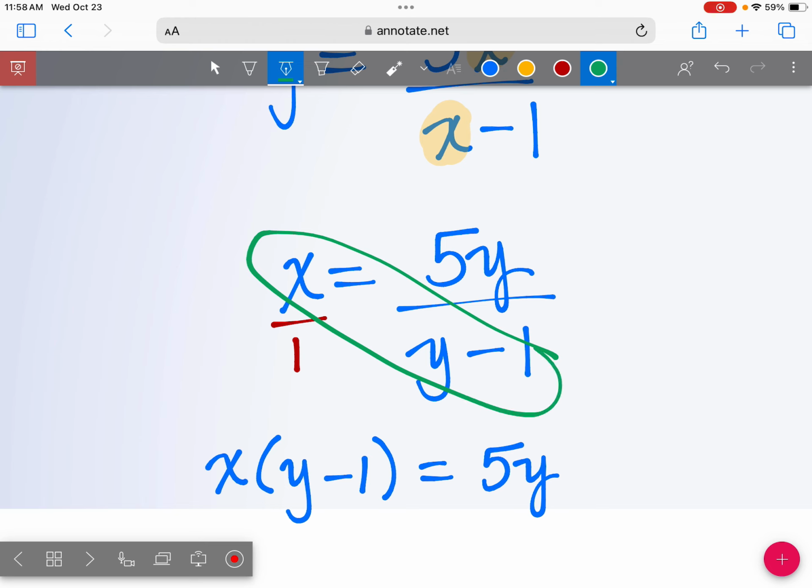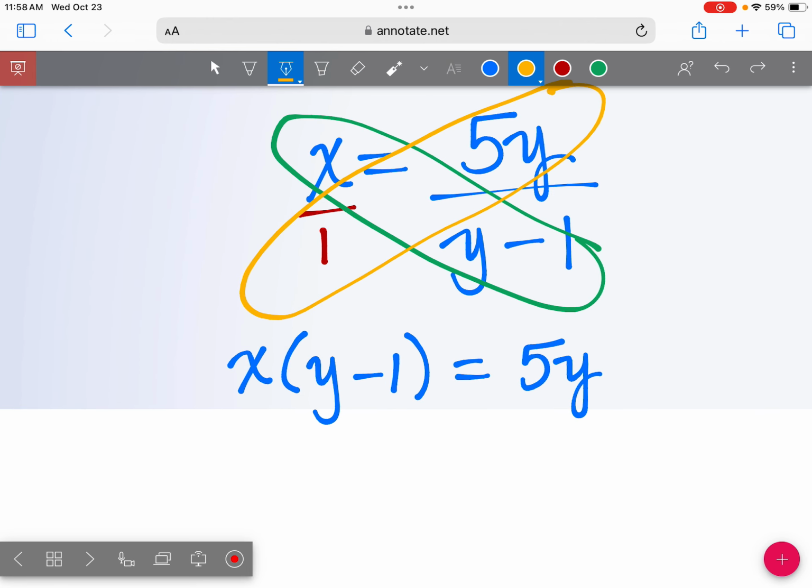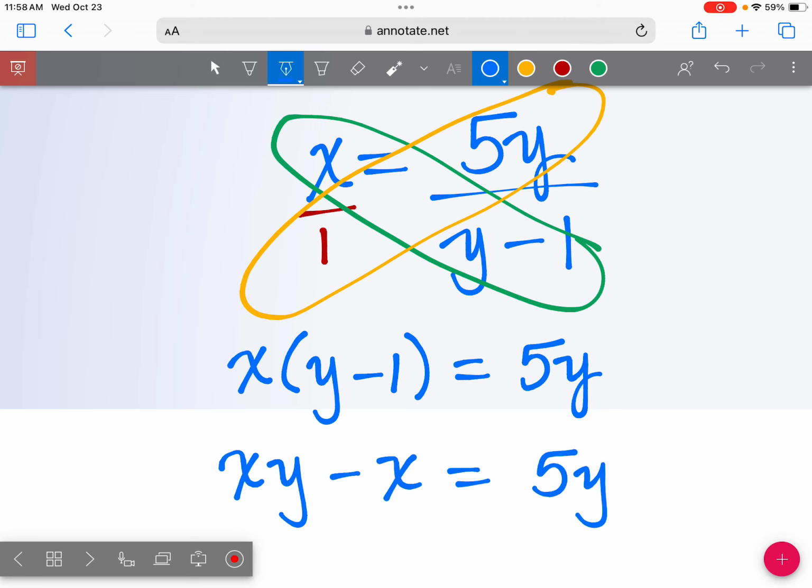So I cross multiply it this way, and I cross multiply it this way. So when we distribute the x, we get xy minus x equals 5y.